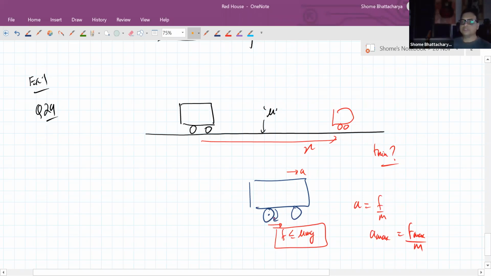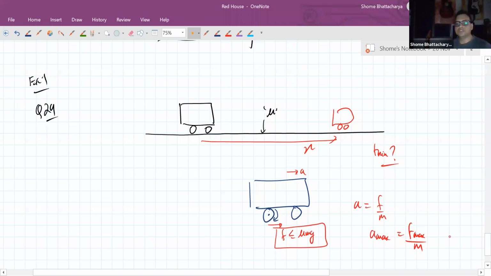If you deliver torque more than that amount, instead of the acceleration of the car increasing, the tire will start to skid and kinetic friction will start to act on it. In fact, the acceleration will reduce a little because limiting static friction is more than the kinetic friction. So to achieve maximum acceleration, we have to deliver that amount of torque that generates maximum static friction without causing the tire to slip. So that's why this happens.